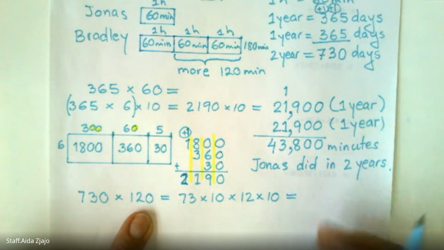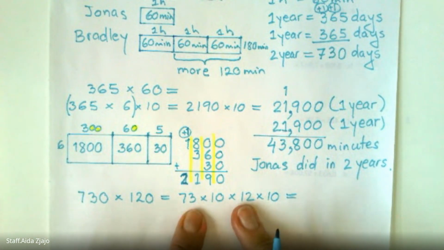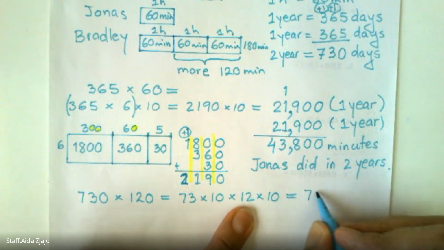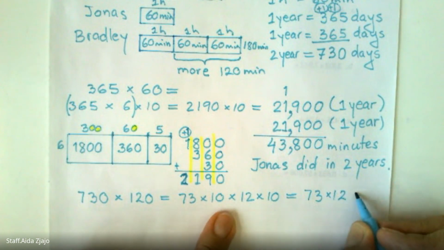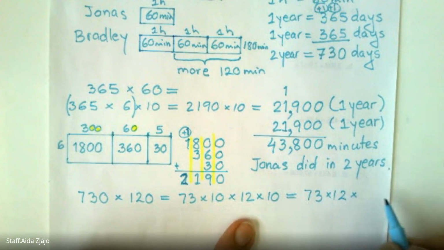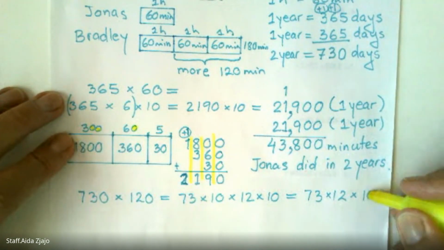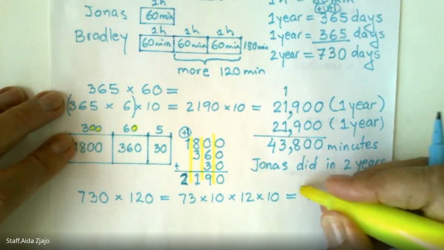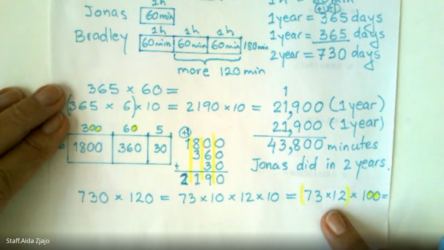Now if I use the associative property, guys, I could do 73 times 12, and then I can also multiply 10 times 10 is 100, so I can do it this way if I like. So that gives me the opportunity to multiply these two numbers and add just 2 zeros to my product, because the number will be 100 times greater than this product here.